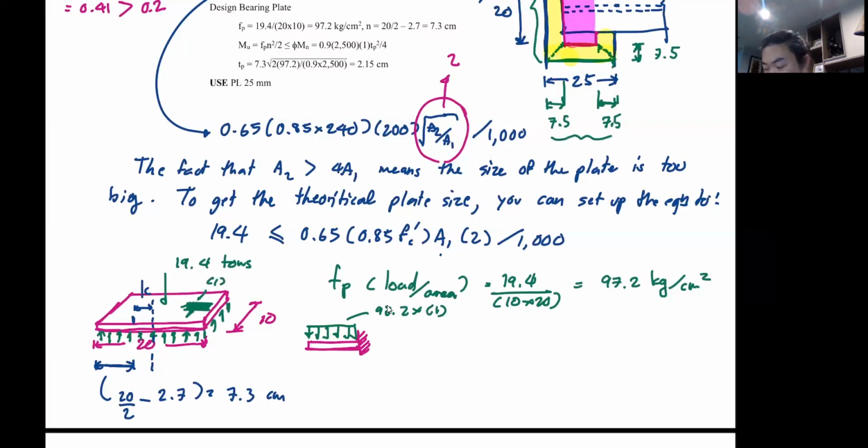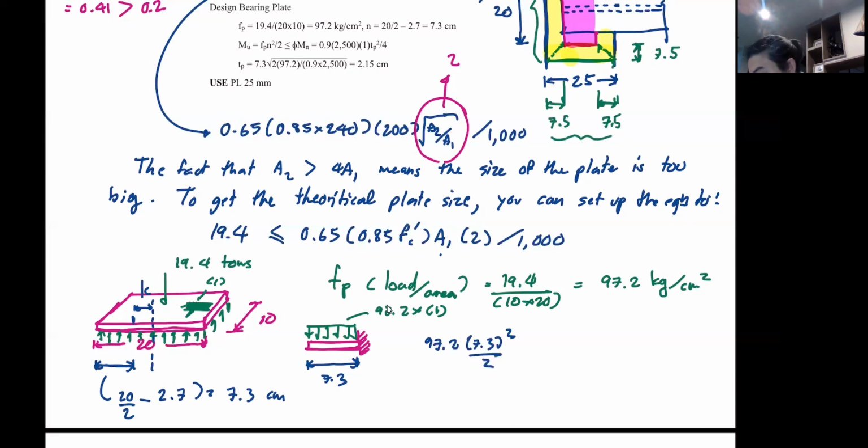And it essentially becomes the uniform load, 97.2 kilogram per centimeter. Okay. And then this is 7.3. So now your bending moment becomes 97.2 multiplied by 7.3 square over 2. That's your required moment.